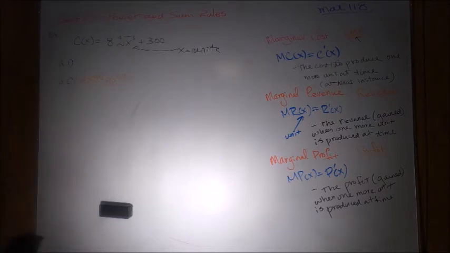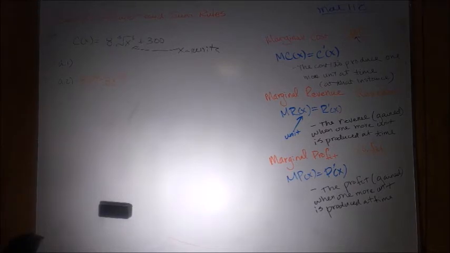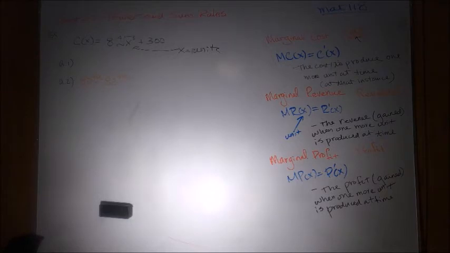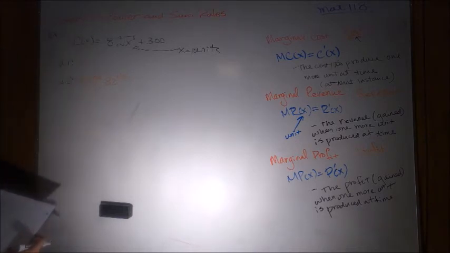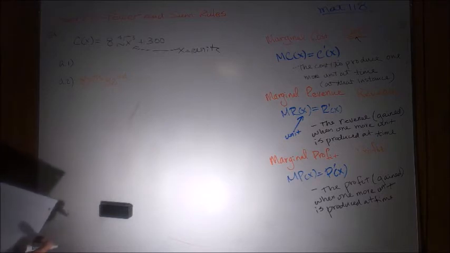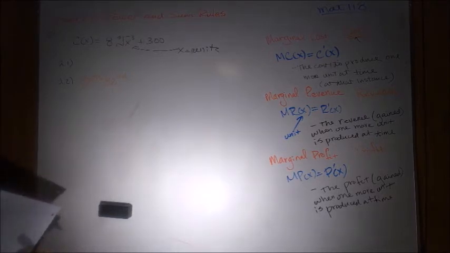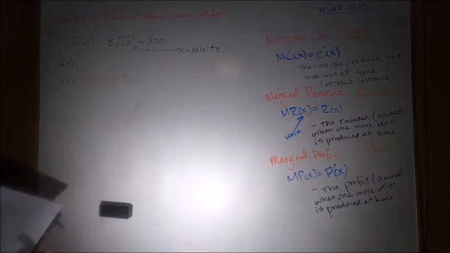I copied from somewhere, I guess. You look at this function and wonder what they are talking about. The cost function C of x is the total cost of producing x flashlights. That's what it is saying.